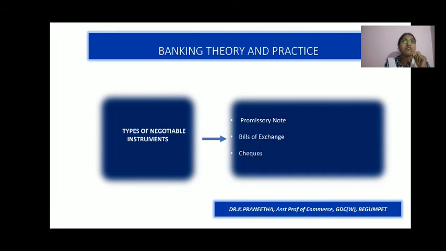Payable in terms of money. Always it should be payable in terms of money. The promissory note must be payable in money and money only. That means, if the instrument contains a promise to pay something else other than money, or something in addition to money, it cannot be said to be a promissory note.